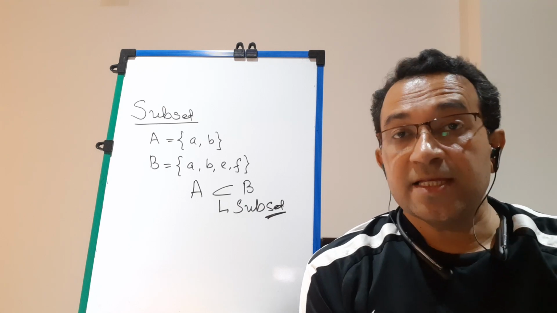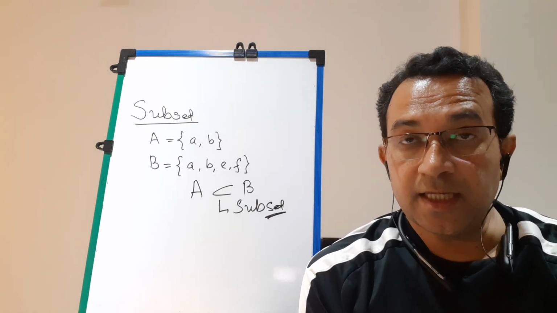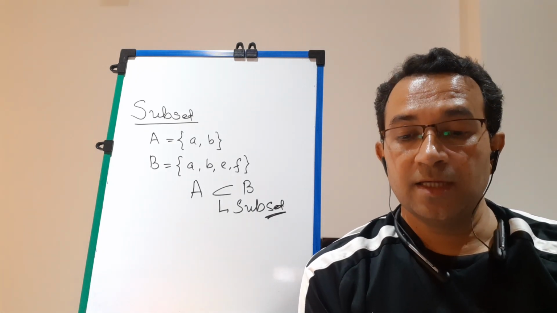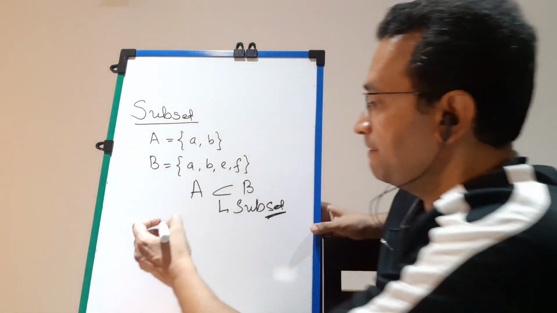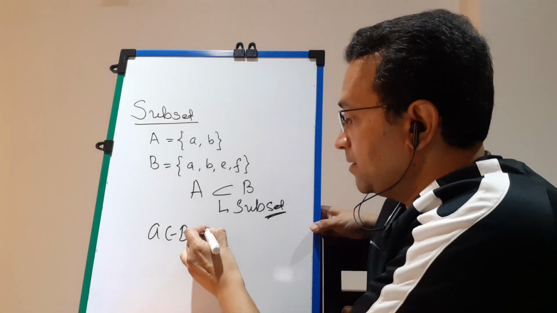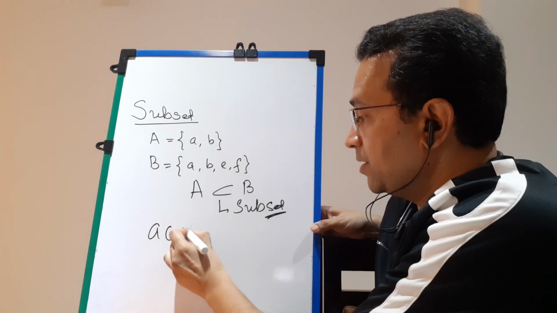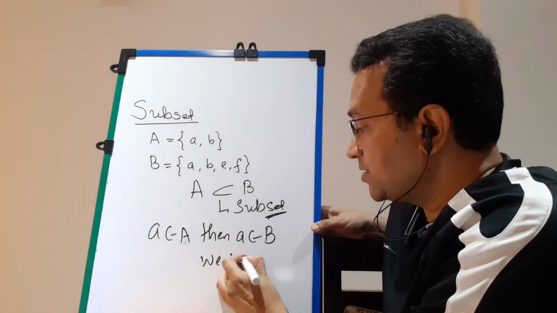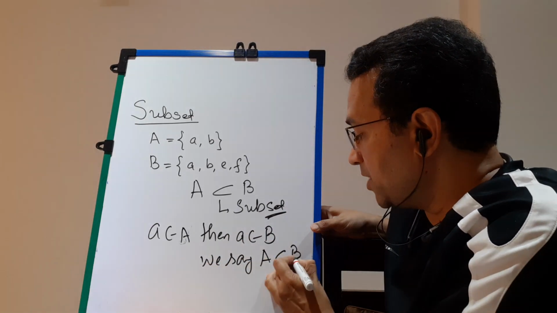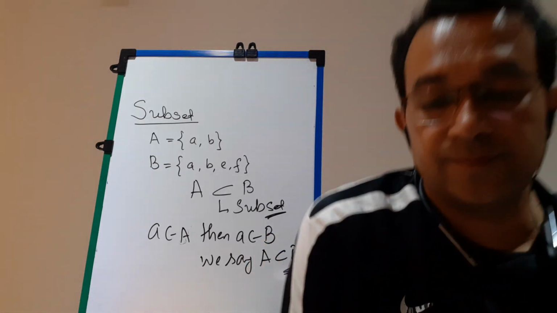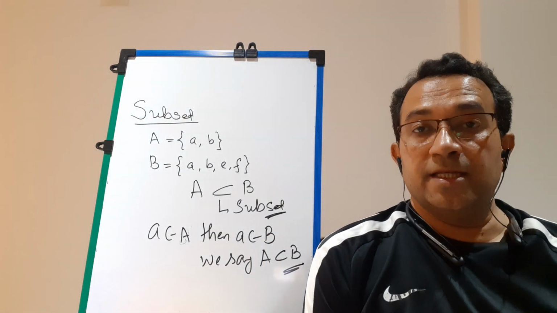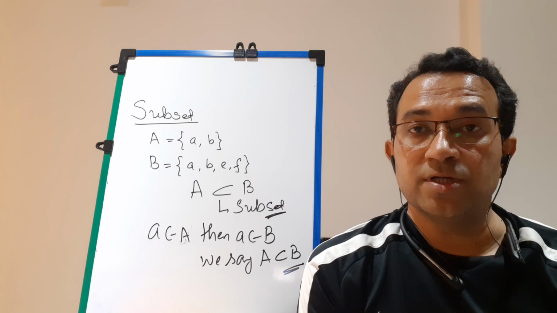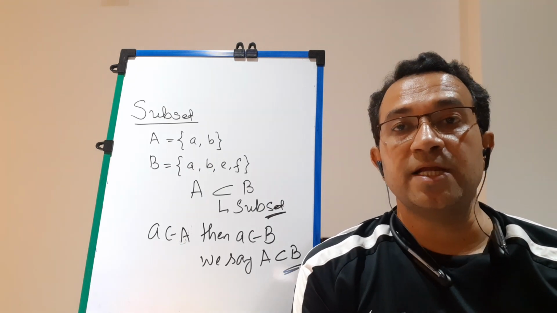Students, if a is an element of A, then a is an element of B, we say that A is a subset of B. If a is an element of set A, then a is also an element of set B, students, then we say that A is a subset of B.